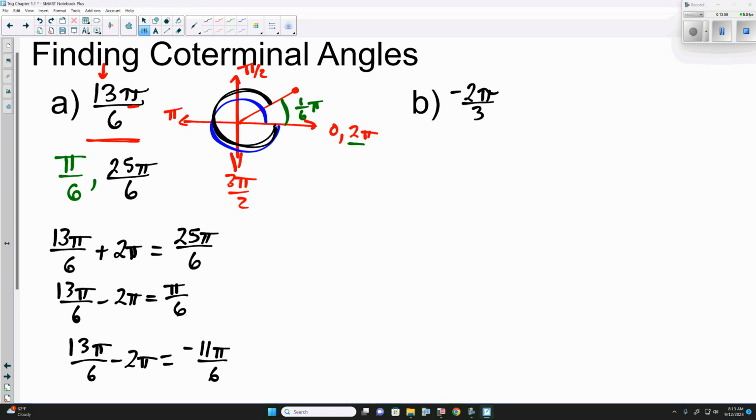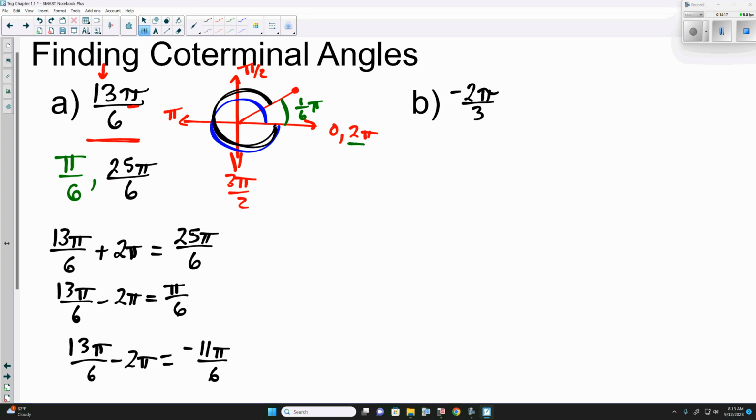Now, if we did it again, we could subtract 2 pi again and find another coterminal angle. Does this make sense? And really, finding coterminal angles in radians is more or less adding or subtracting 2 pi. And that's it. Questions on this here?